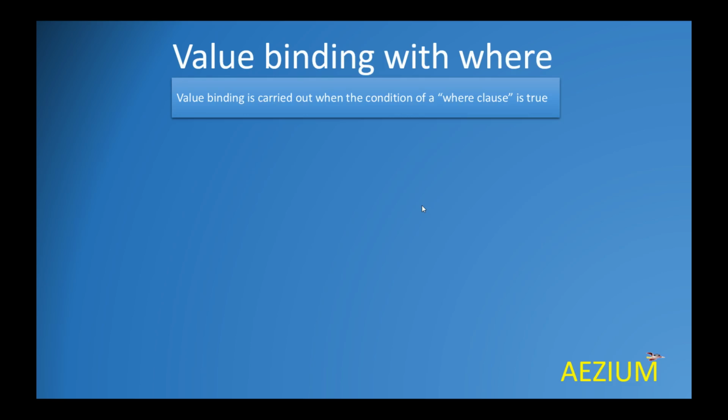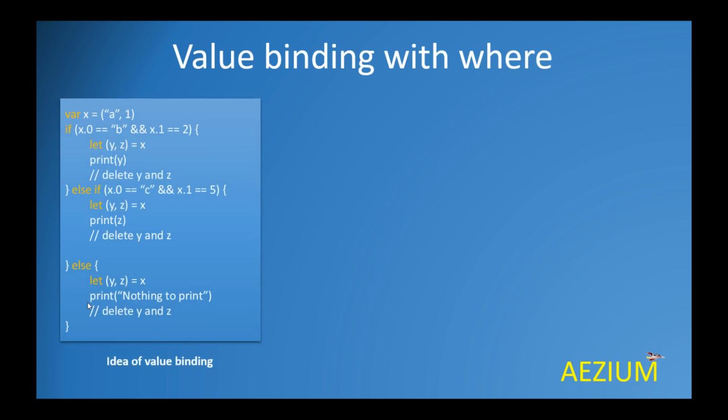Value binding is also possible with a condition introduced by a so-called where clause. If that condition is true, then value binding is carried out. Here is the idea of value binding using where.